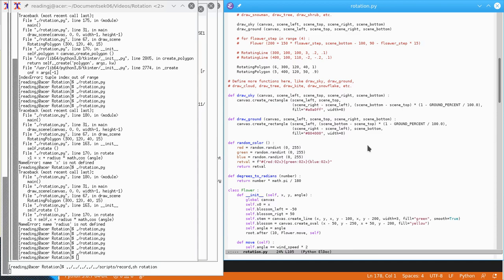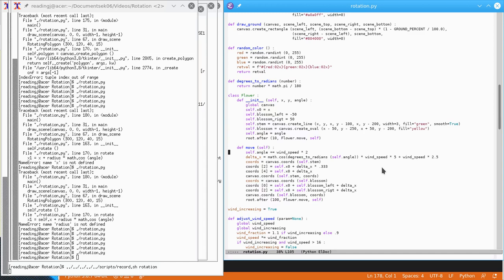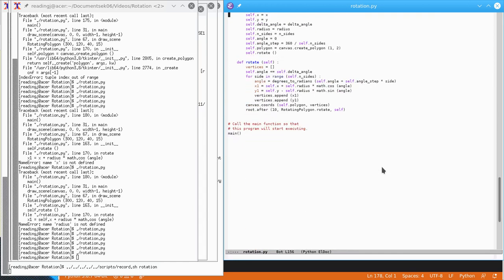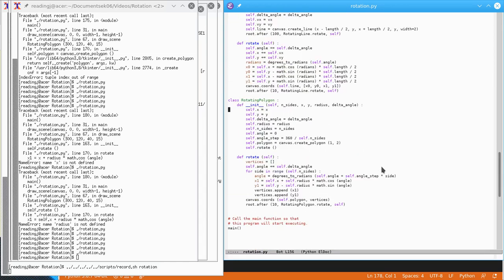So for a generalized polygon, I see. Okay. A generalized polygon would be somewhat harder in that I would have to deduce these angles instead of calculating them. Should I leave that as an exercise for the student? No, because it involves math, and I don't really want you guys to get killed with math.